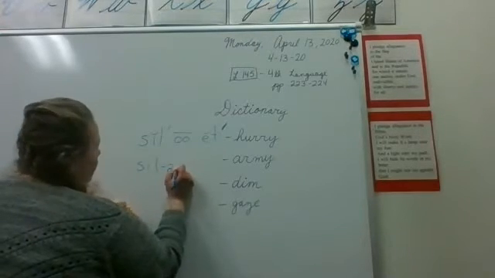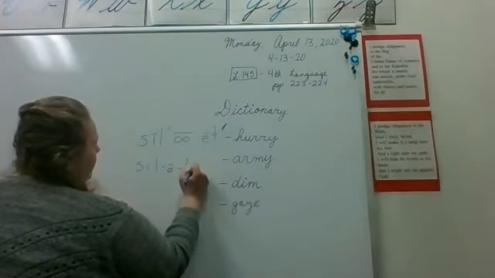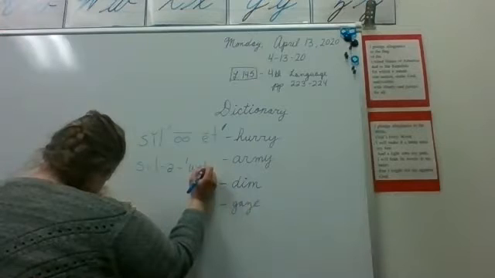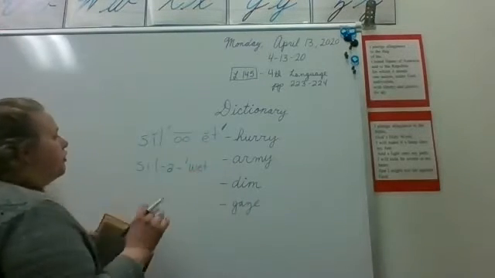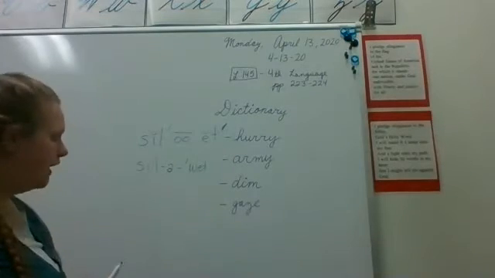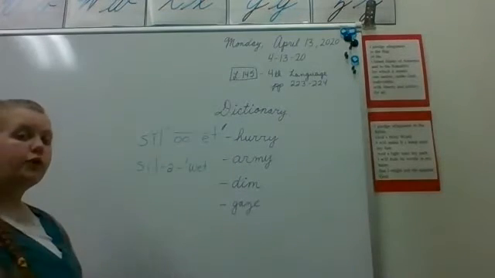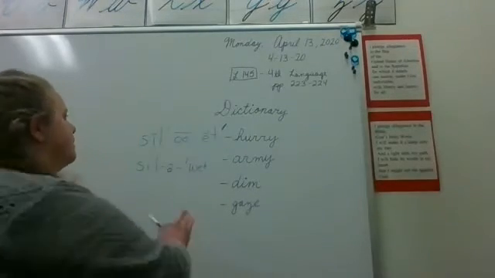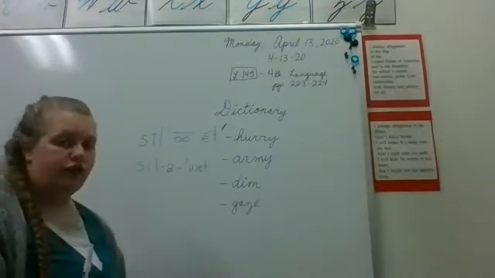And then it has an accent, and then it does W-E-T. Okay, so that looks different than this one, right? But they're both correct. So whatever your dictionary has as the pronunciation is okay.